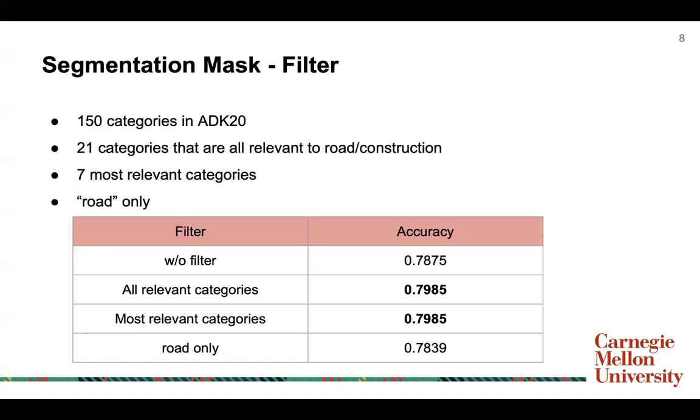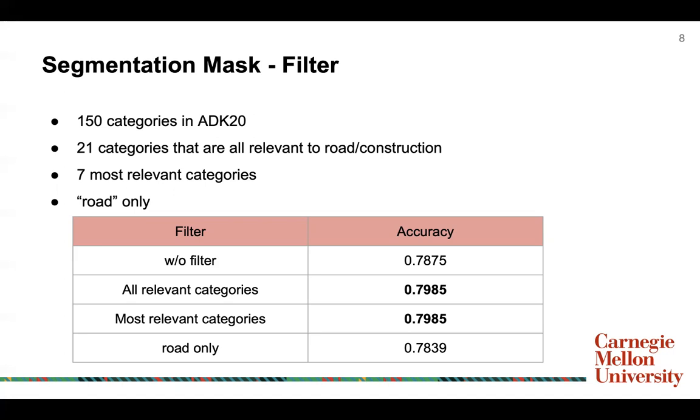The segmentation mask is obtained from a pre-trained model that is trained on the ADE20K dataset, which has 150 categories. This is way more than what we need, and there are a lot of irrelevant categories. So we filter the categories so that only the relevant categories are included in the output mask.